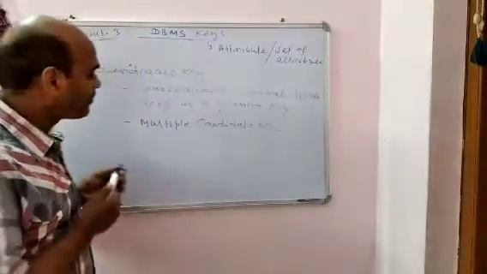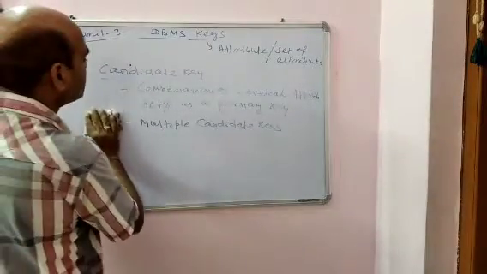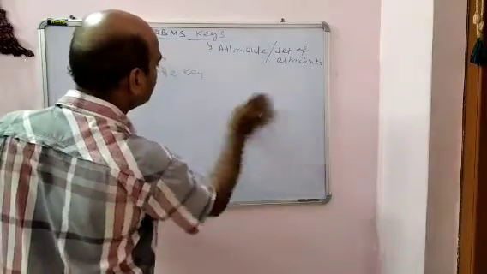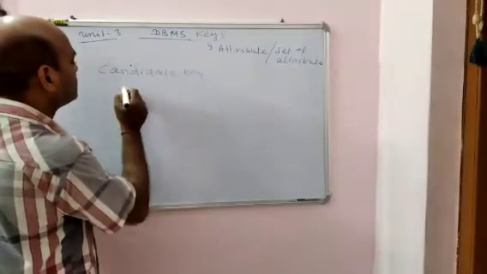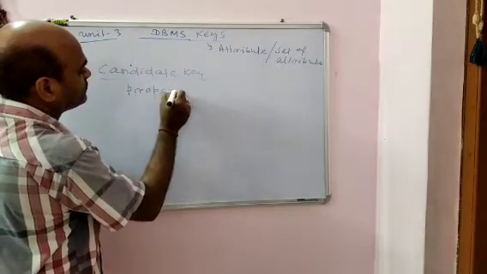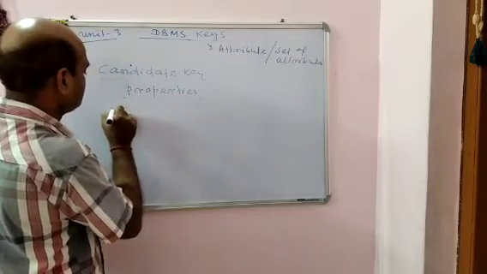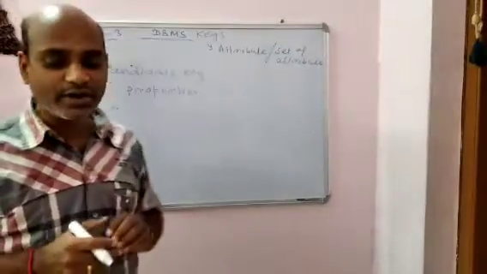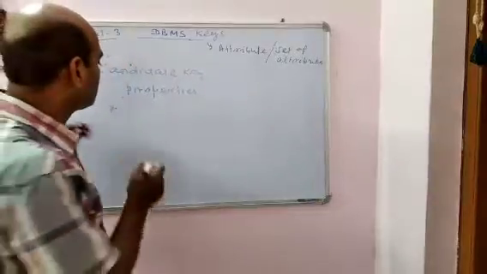Then we see the properties. Now see the properties of the candidate key. What are the important properties that we have for these keys? It must contain a unique value.